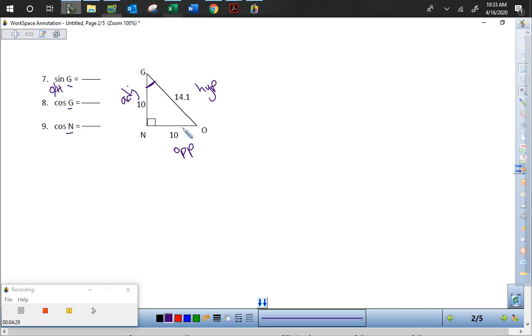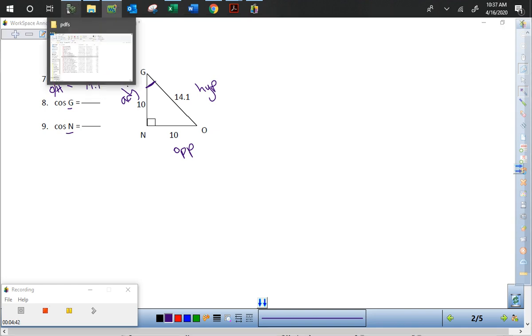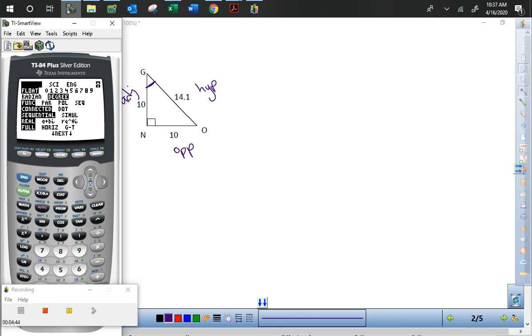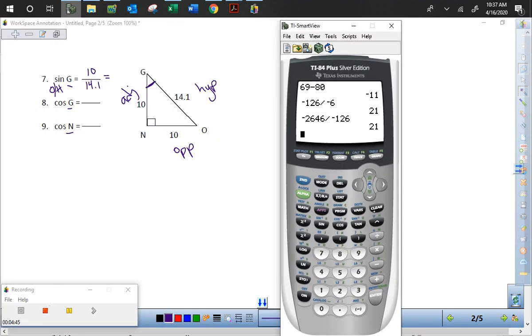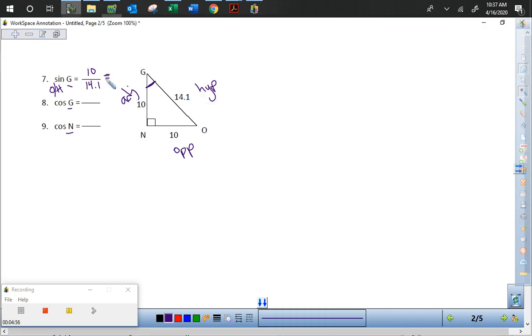So our opposite side was 10 over our hypotenuse was 14.1. It's not really nice to have a decimal within a fraction, so when you get that situation, just go ahead and type it in your calculator to reduce that for you. So 10 divided by 14.1, and we'll call that about 0.7.